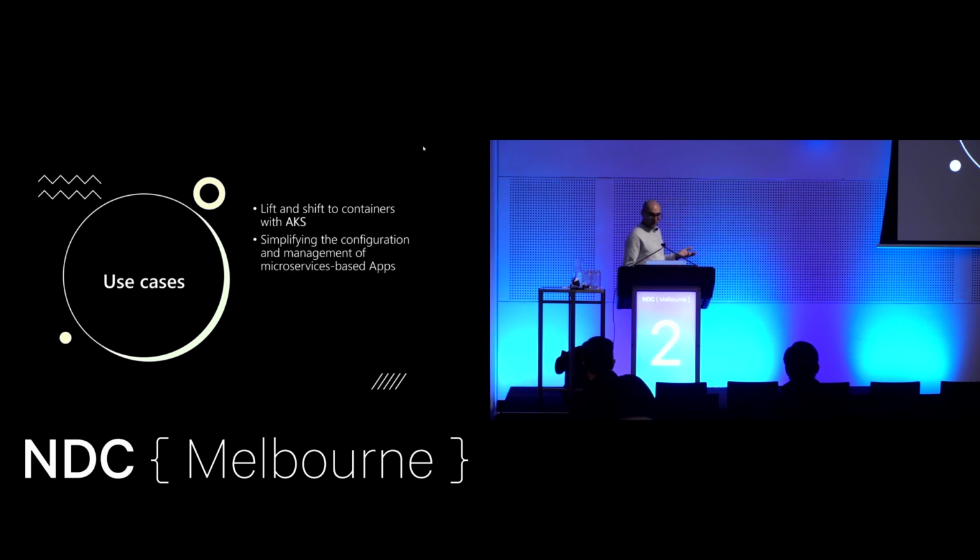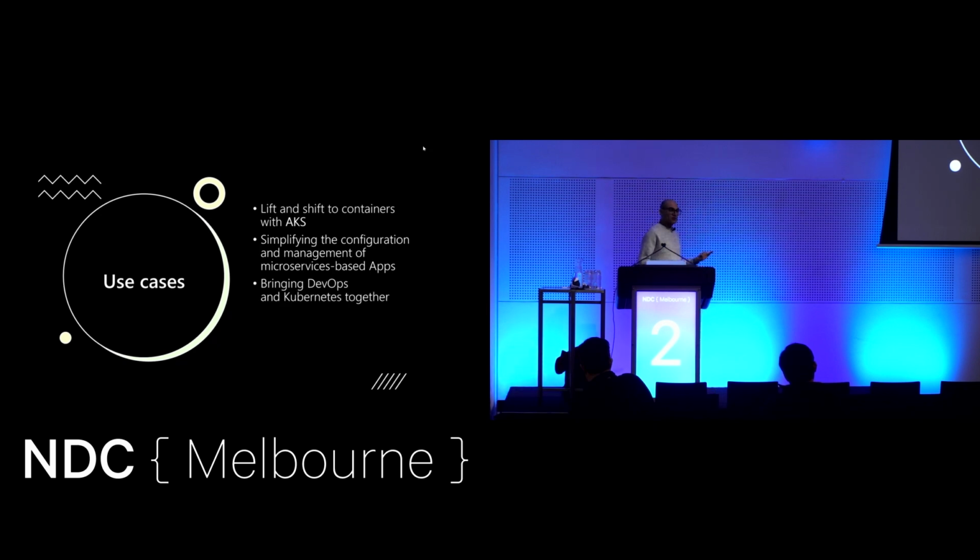Apart from that, if you want to simplify the configuration and the management overhead on your clusters locally, this is a service which allows you to do it. It takes a lot of load off your shoulders, or your admins or operations team's shoulders, and all you need to care about is your application. So adding value to your customers. At the core of our values is customer success, right?